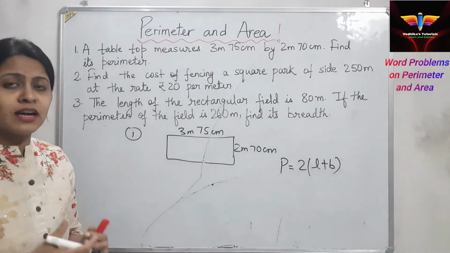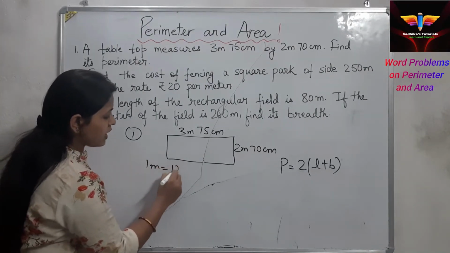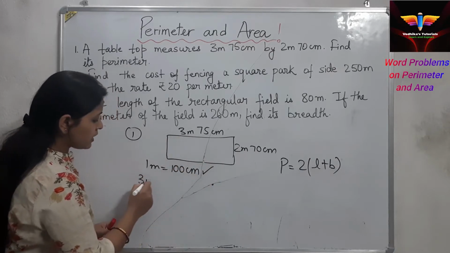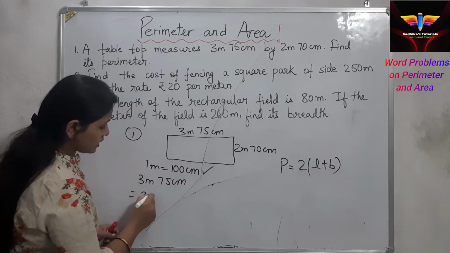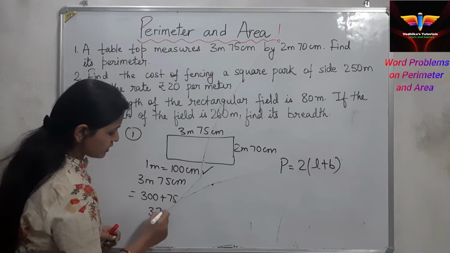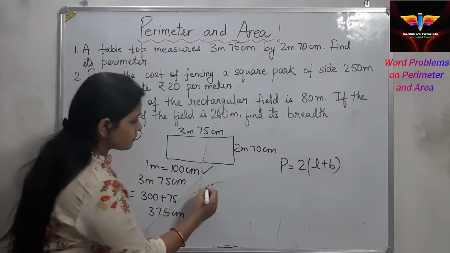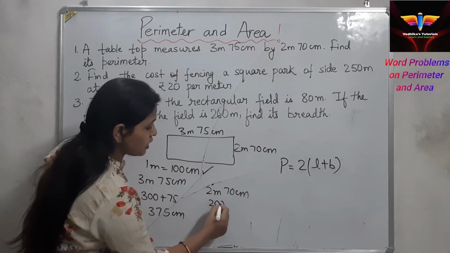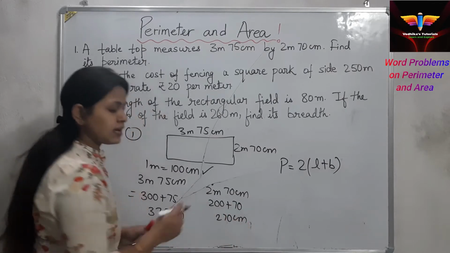So let's convert it into centimeter. 1 meter is equal to 100 centimeter. Therefore 3 meter 75 centimeter will get converted into 300 plus 75, that is 375 centimeter. Likewise 2 meter 70 centimeter will get converted into 200 plus 70, that is 270 centimeter.